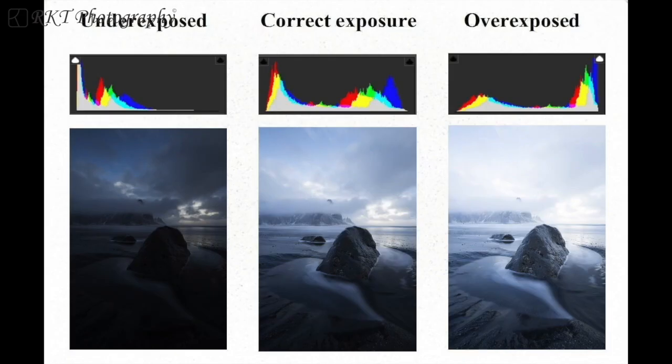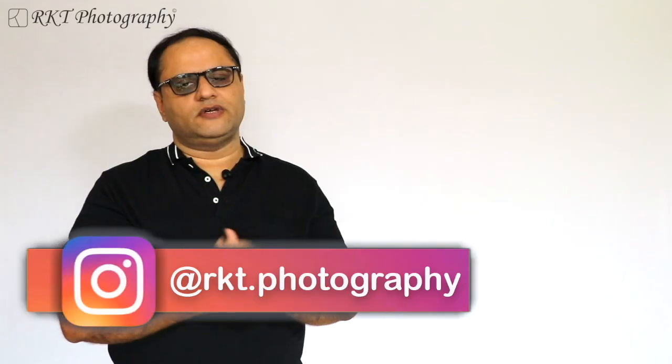So you have to make a balance between the curves of the histogram towards the left and the right hand side. Then you will find the image is coming out as a correct exposure. Reading a histogram is also very important in photography for beginners as well as for professional photographers.